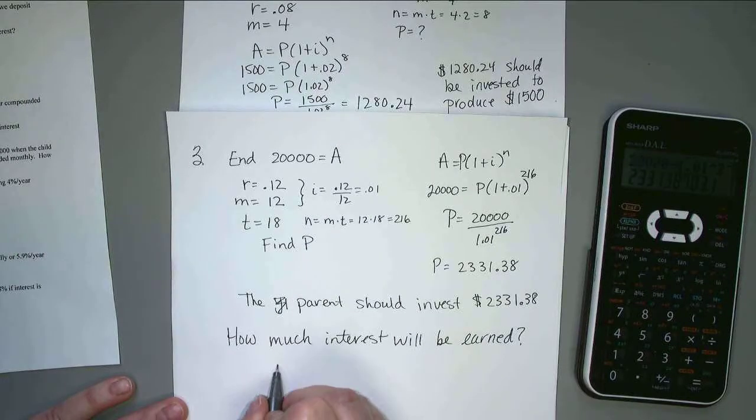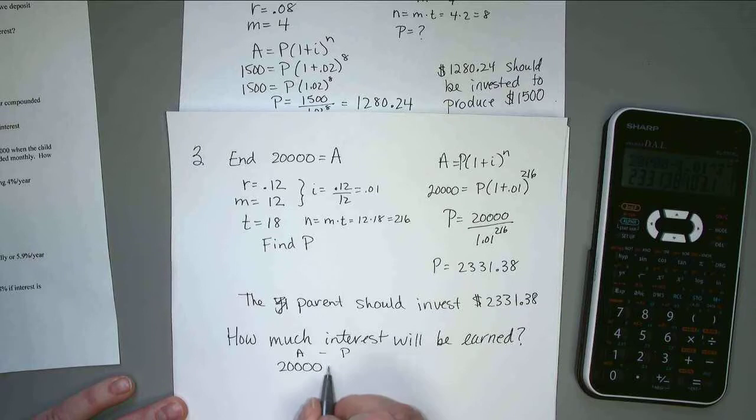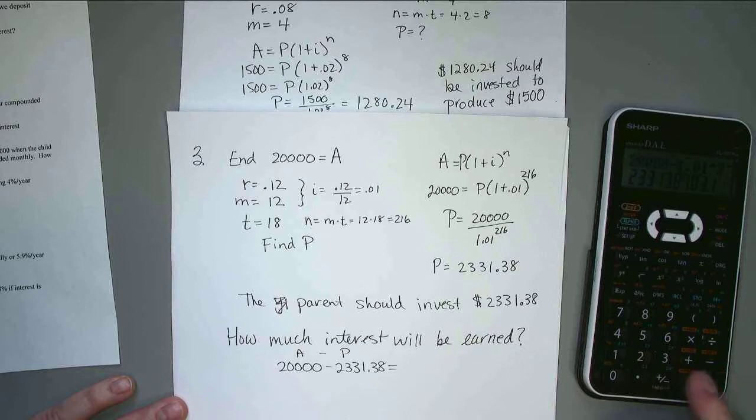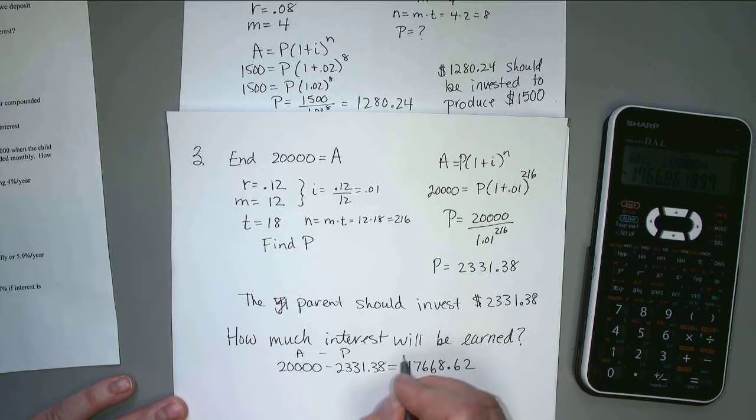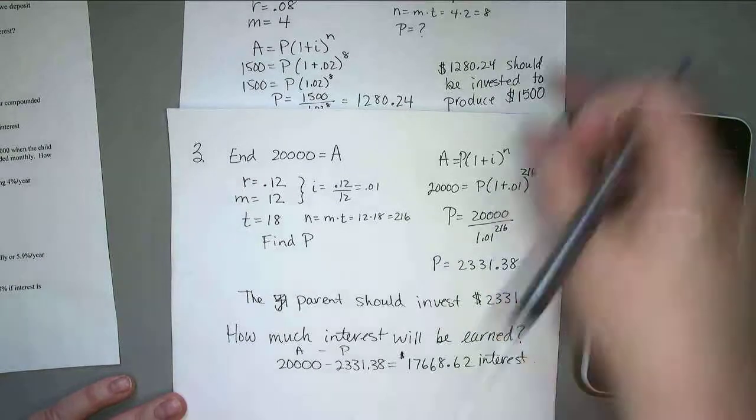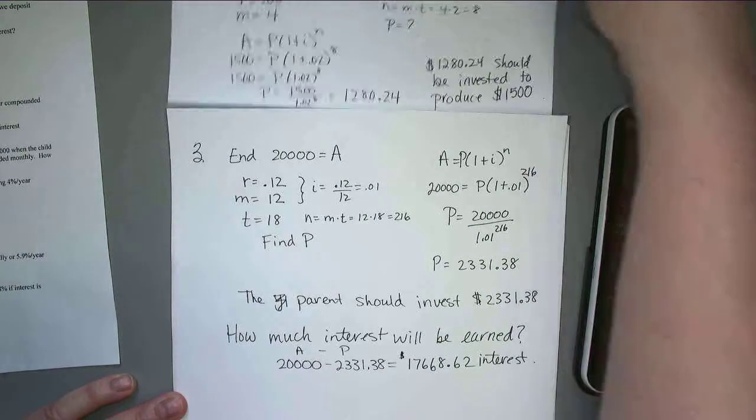Well, if they end up with 20,000 in the end, you subtract what they initially invested, then they've made a lot of interest. 17,668.62 interest. That's nice. But they left it for 18 years, so it's quite a long time to sit in the bank without touching it.